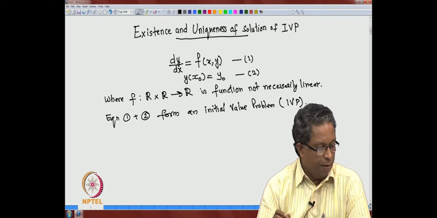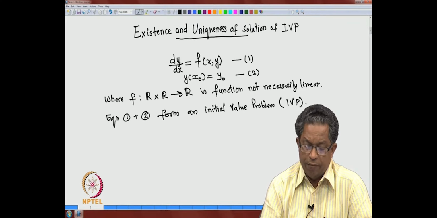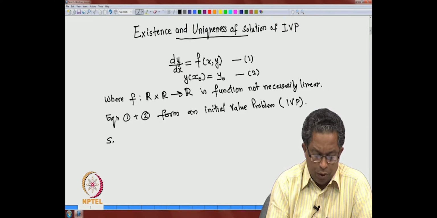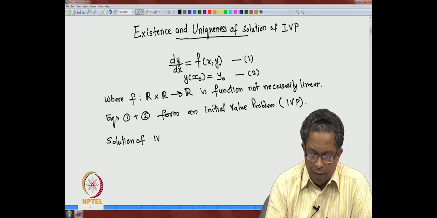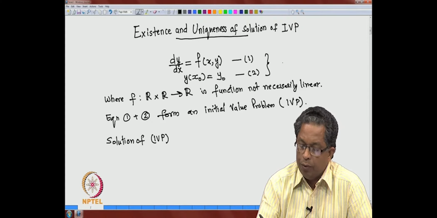First let us see what we mean by a solution of this differential equation. Equations 1 and 2 form an IVP.